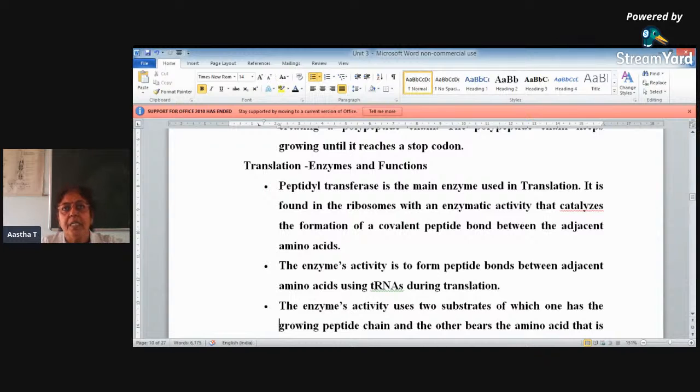So peptidyl transferase is the key enzyme involved in the formation of the peptide bond, the CONH bond, a bond between the carboxyl end of one amino acid and the amino group of the second amino acid. The CONH bond formed between those two we call the peptide bond, and the formation of this peptide bond is catalyzed by the enzyme peptidyl transferase.